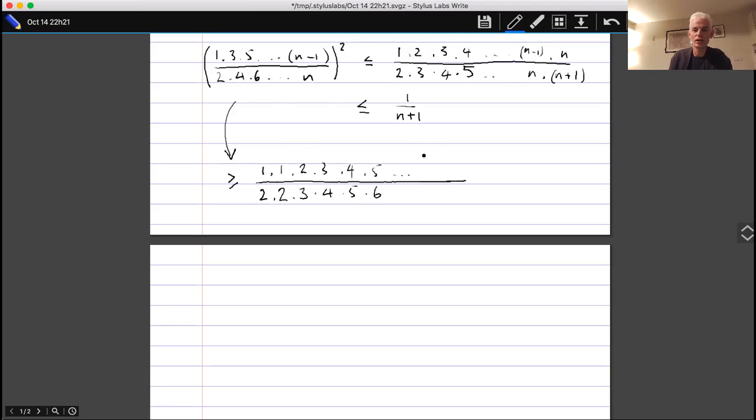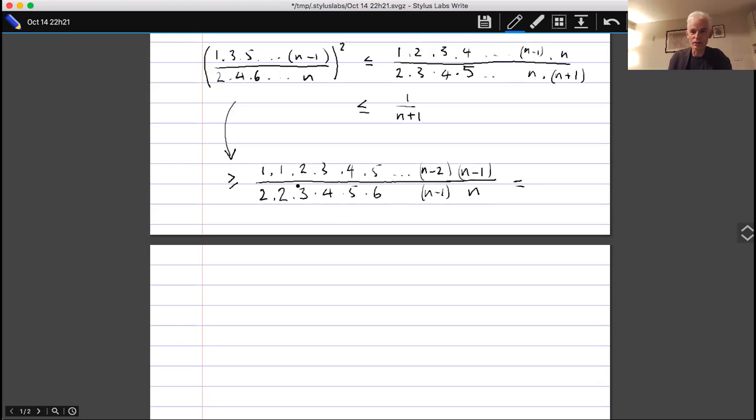(N minus 1)/n squared is bigger than (n minus 2)/(n minus 1) times (n minus 1)/n. And now let's have a look at what cancels. I've got this 2 cancelling, this 3 cancelling, and so on, all the way up to the n minus 1 cancelling.